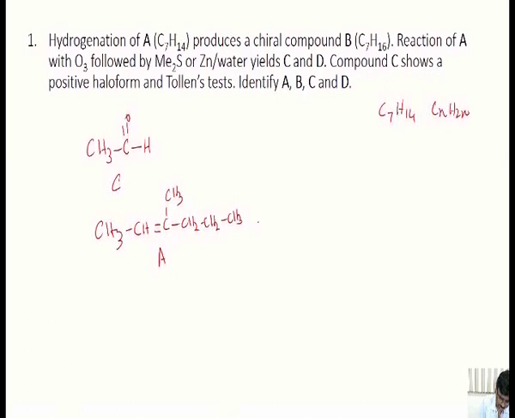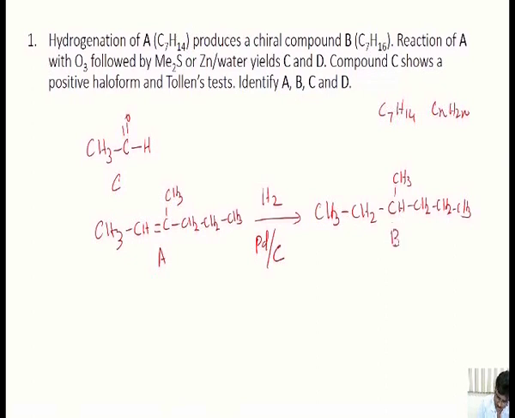So when you do the hydrogenation, it can convert into this alkane. If you look here, this carbon is bonded with 4 different groups. It is a chiral compound. The structure of compound B is this one. From this, now we can predict the structure of compound D.